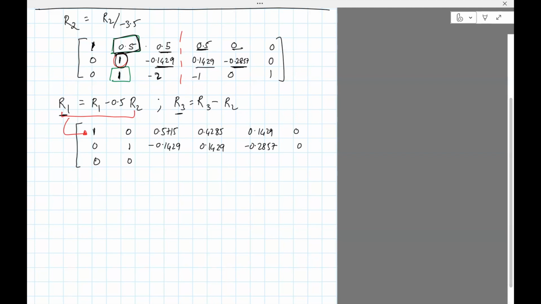Minus 2 minus 0.1429 will be minus 1.8571. Then 1 minus 0.1429 will be 1.1429 in magnitude, with a minus sign. 0 minus that will be 0.2857, and then 1.